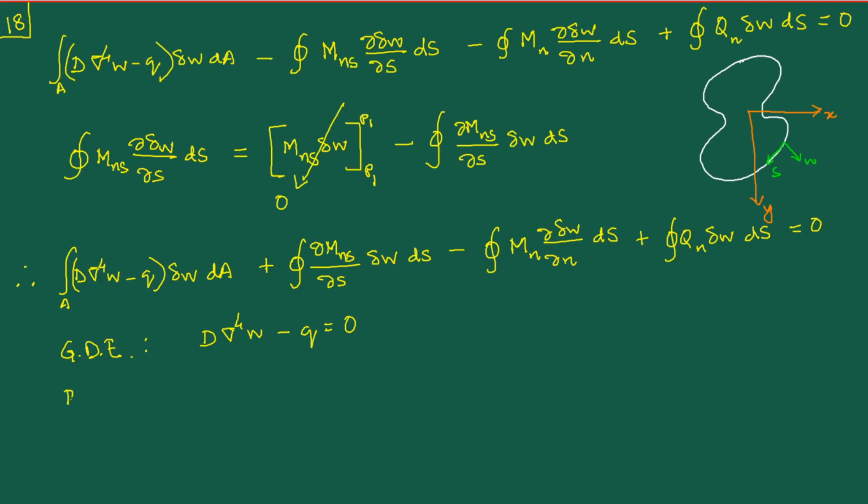Next, for the boundary conditions, I have either, so I'm going to consider this term now, either del mns del s together with this term, because you see that this has the coefficient of delta w, this also has the coefficient of delta w, that is equal to 0 or w is specified.